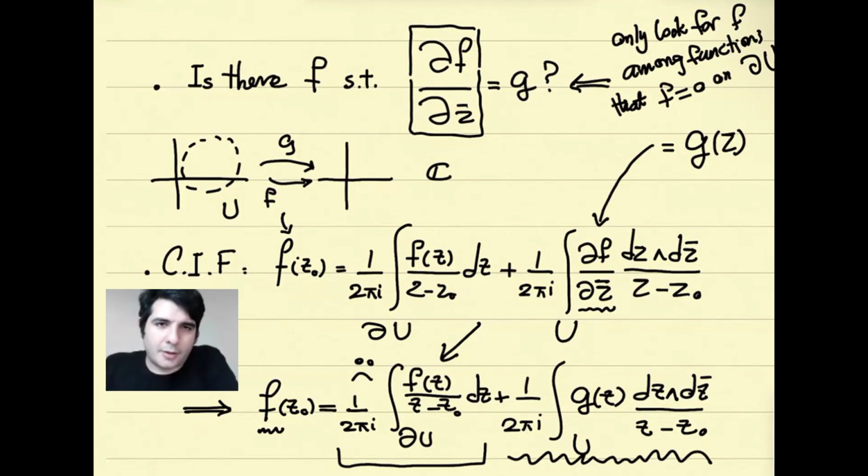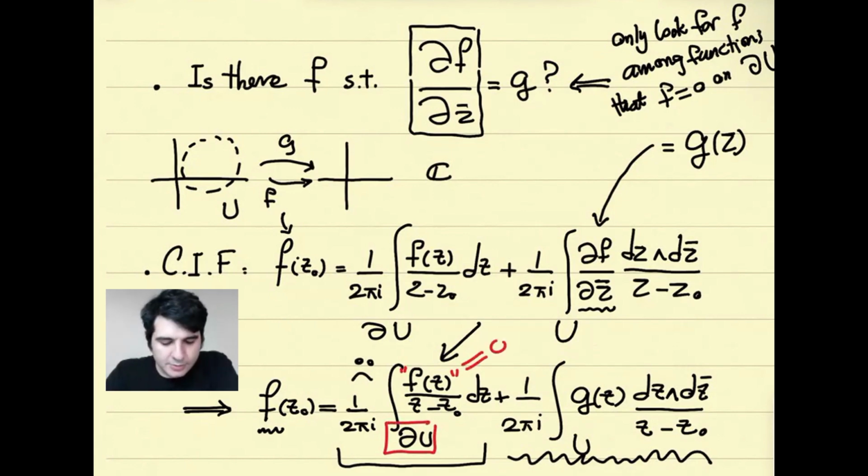This might sound bad because if I look in a larger set, there's a better chance of finding the thing I'm looking for rather than looking in a smaller set. However, this would be very beneficial. If I look only among functions that vanish on the boundary, the first integral would vanish because f would be equal to zero on the region I'm integrating, right?